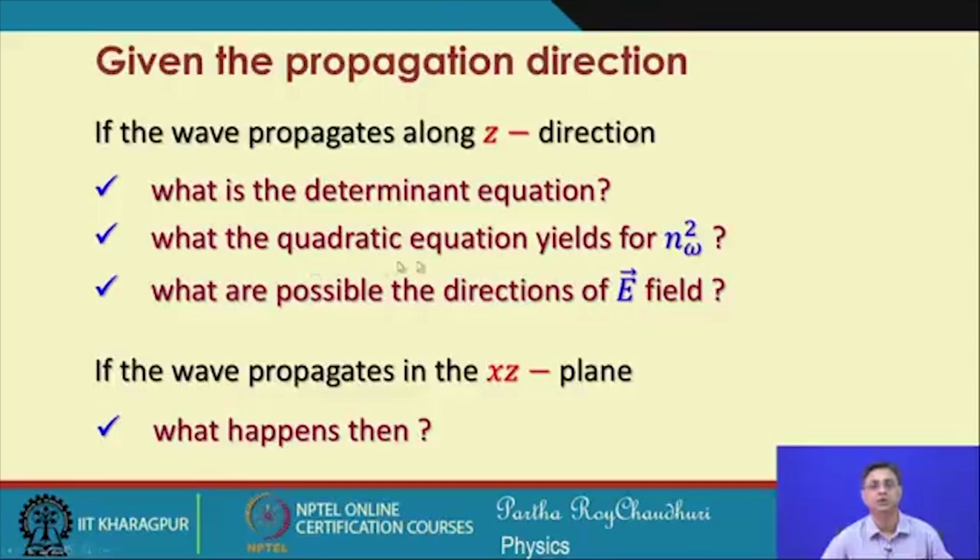Then we will look at the quadratic equation, which is a result of this determinant, and the solution of the quadratic equation, that is the two values of n omega, the wave refractive indices. Then knowing that, how we can extract the electric field direction from there. And thereafter we will also discuss the case of the wave which is propagating along the zx direction.